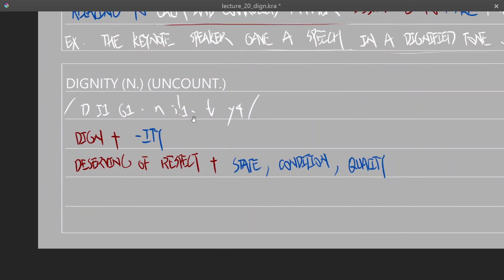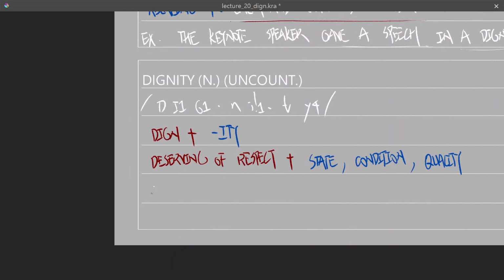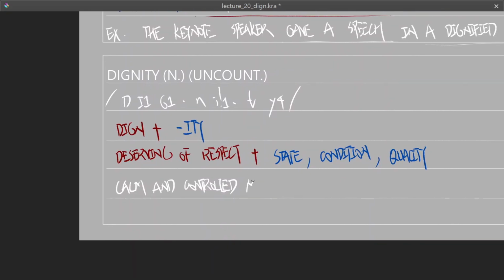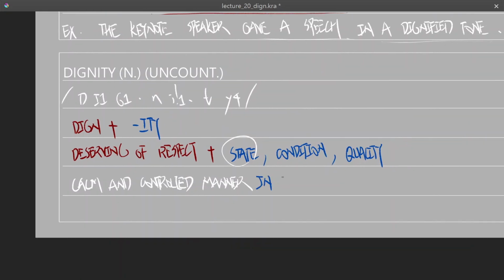So dignity literally means what? It means calm and controlled manner. In a state, what kind of a state?